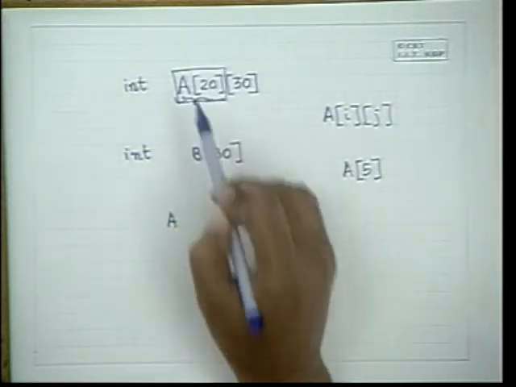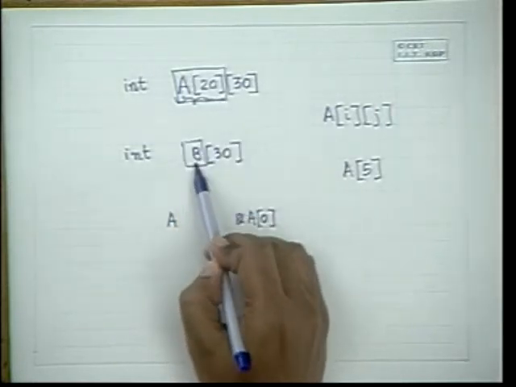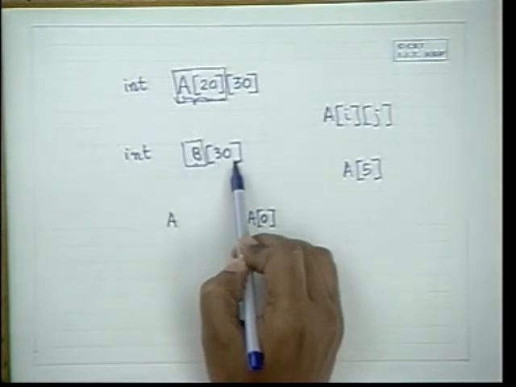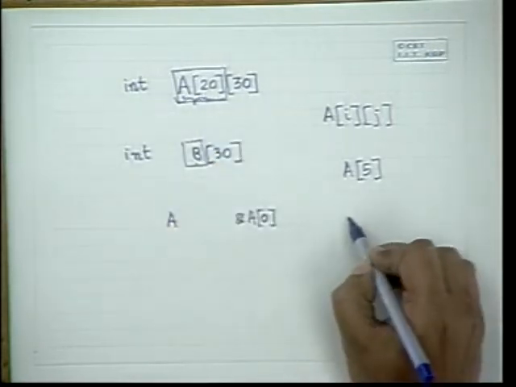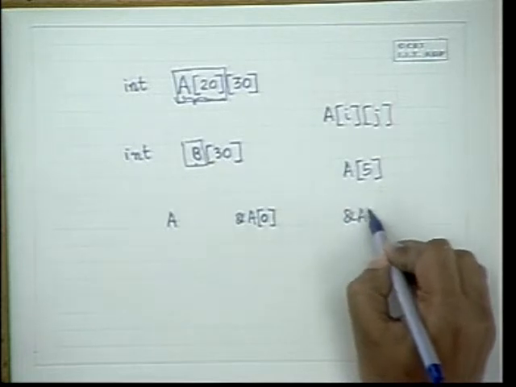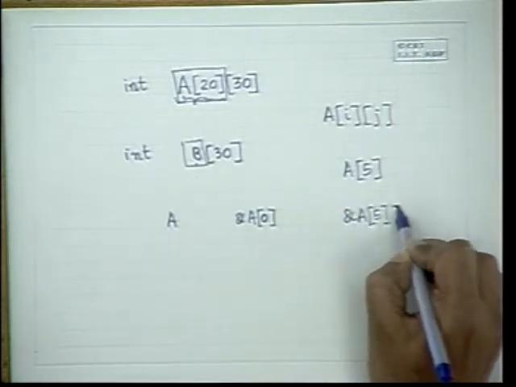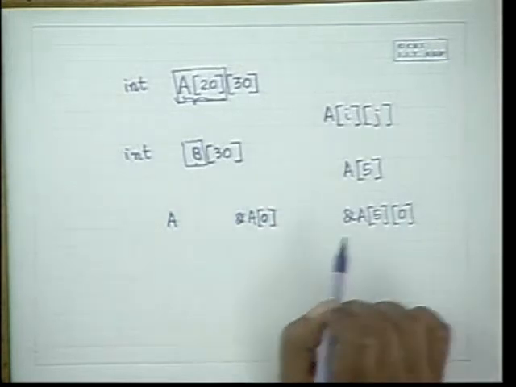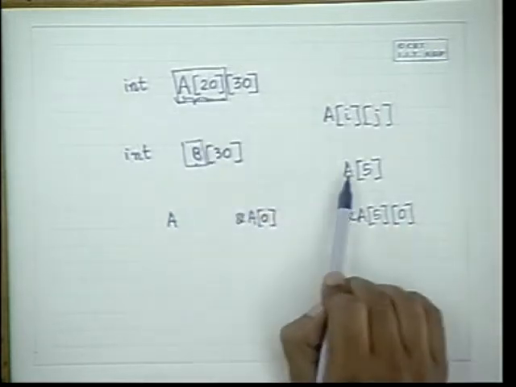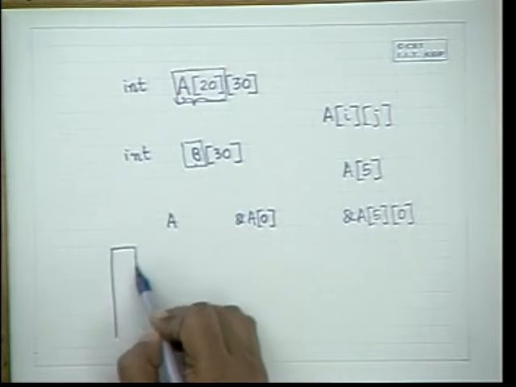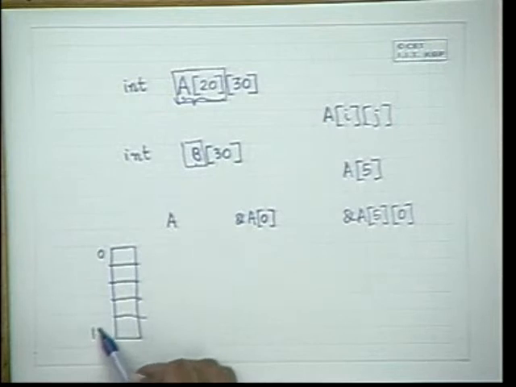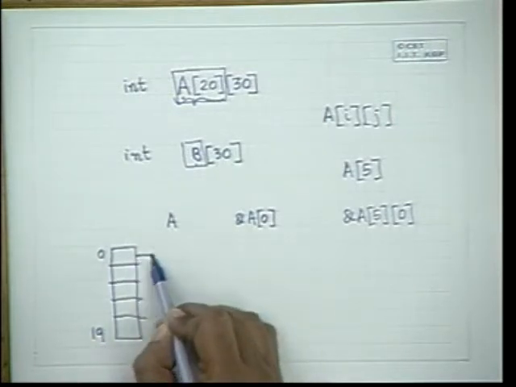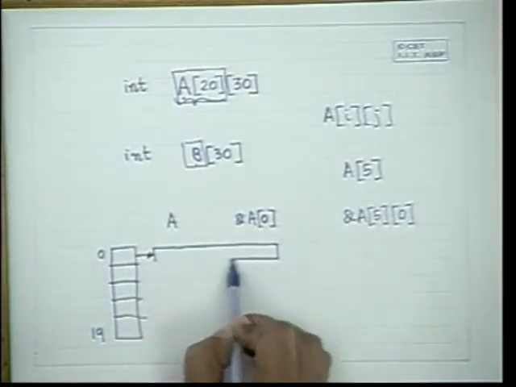For example, B is the starting location of the array B, which is the address of B[0]. A[5] will be equivalent to &A[5][0]. It will be the starting location of the array starting with A[5]. So conceptually, 0 to 19, and then you can address it like this. This is one way of looking at it.